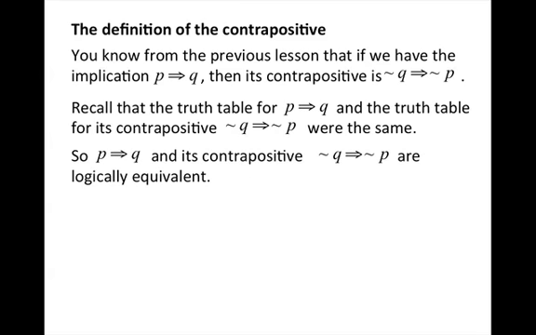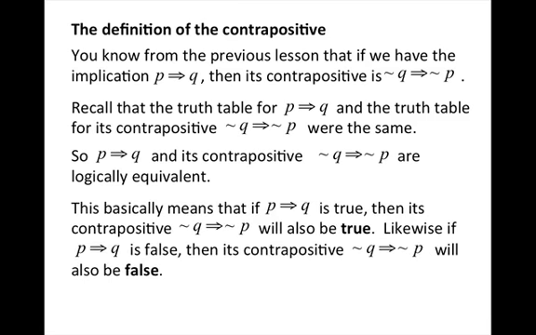So if P implies Q and its contrapositive are the same, they're logically equivalent. This basically means that if P implies Q is true, we know its contrapositive is also true. If P implies Q is false, then we can conclude that its contrapositive will be false.